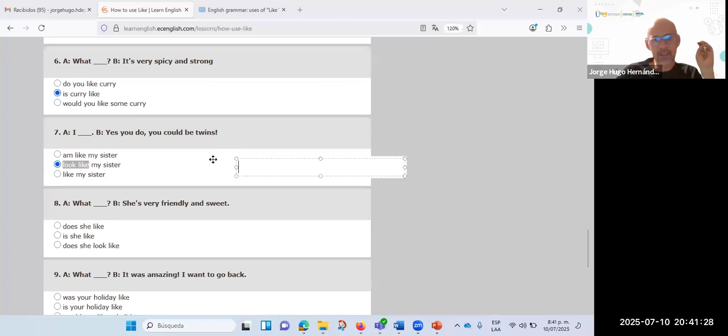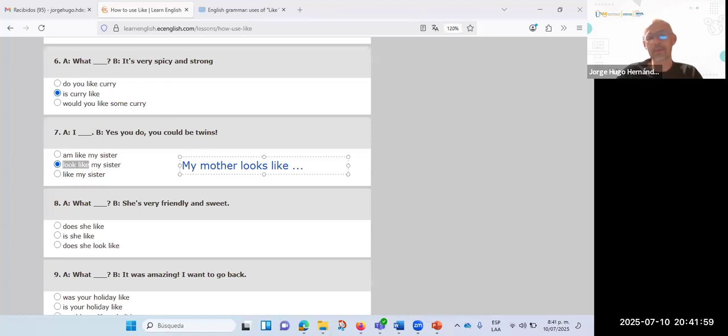And in an example, for instance, when we say the cat looks like, el gato se parece, y vamos a decir algo, ¿no? ¿A qué se parece? The cat looks like. El gato se parece a algo. Cuando decimos de una persona, my mother looks like.